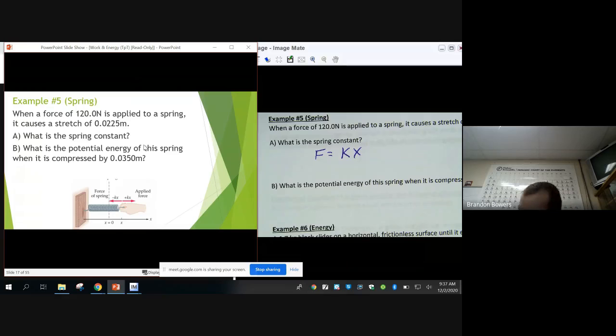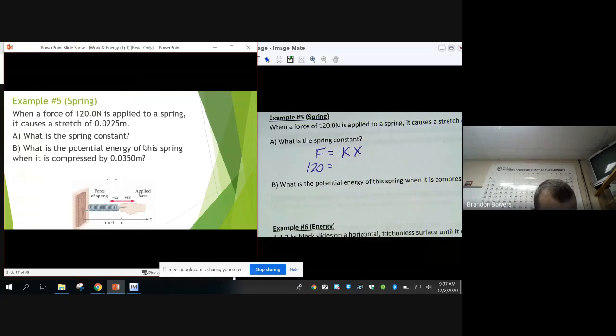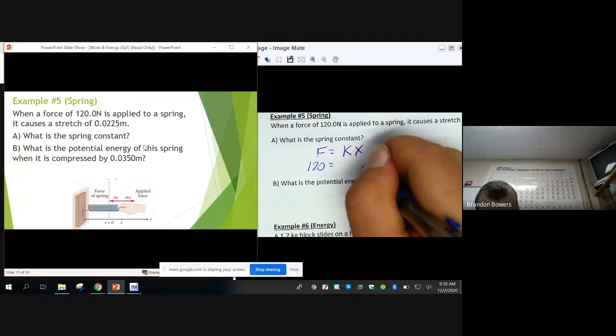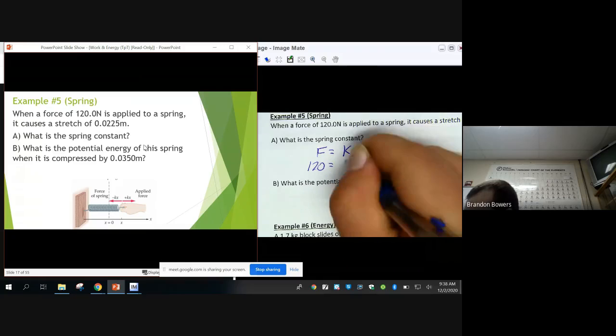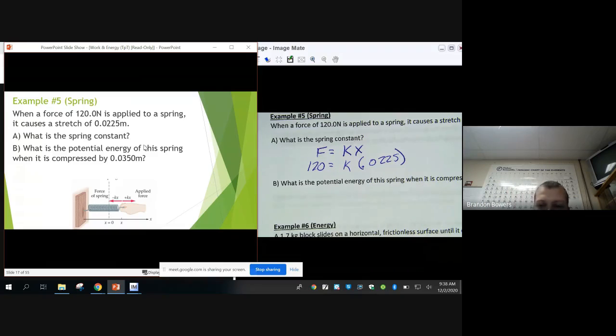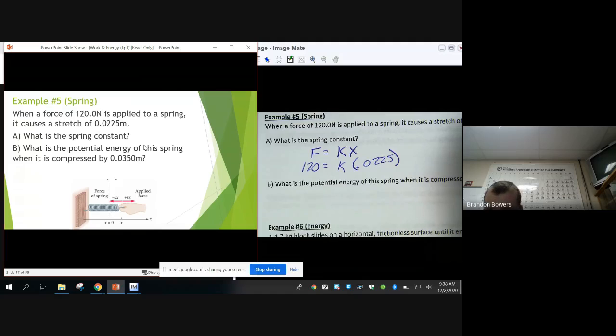I'm given force, it's 120. My displacement, I know x. X tells me it's 0.0225. All you've got to do is solve for the spring constant, which is k. So all you've got to do is divide.